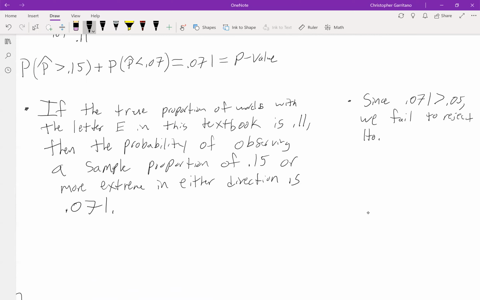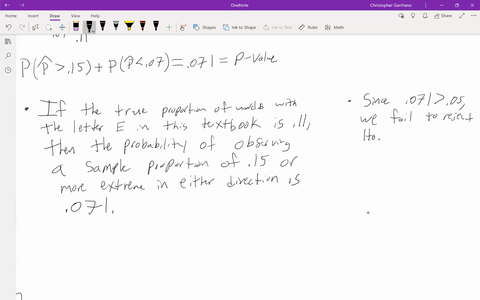In other words, we've obtained a sample that doesn't seem that crazy. There's about a 7% chance of seeing a sample like this if H null is true. And that's kind of rare, but it's not crazy rare. It does not go beyond our threshold of 5%, and therefore we're going to fail to reject H null.